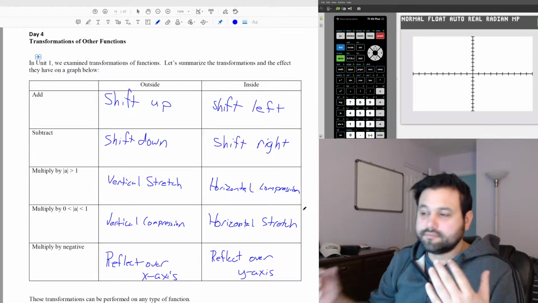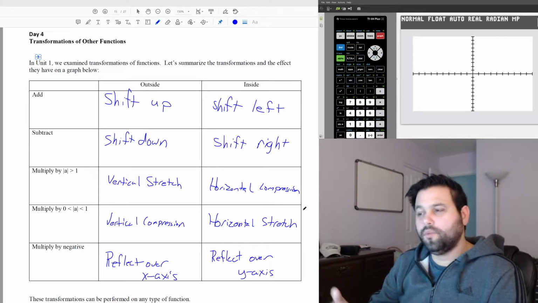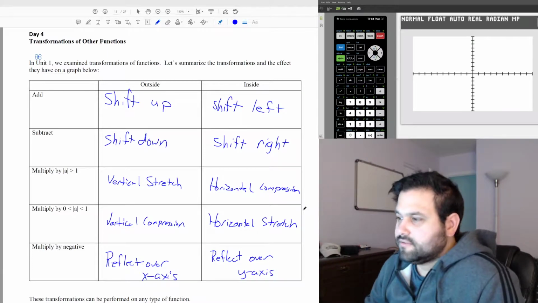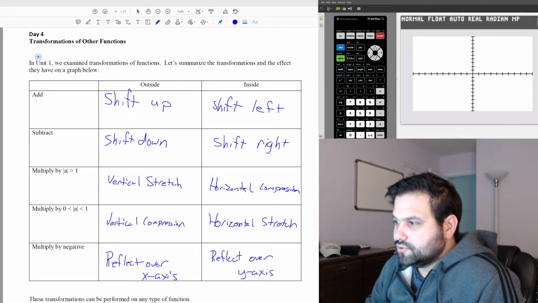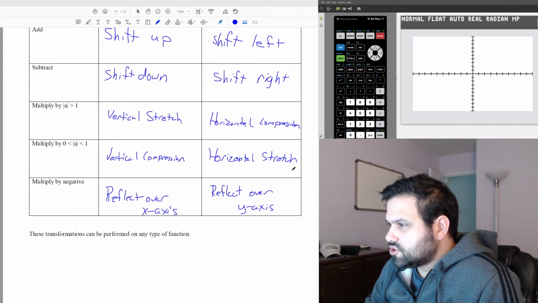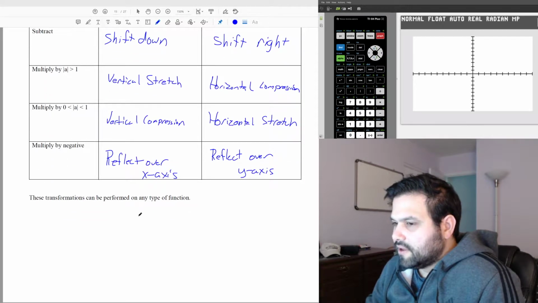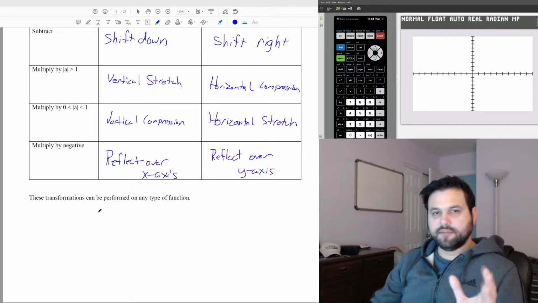Okay, so that is very similar to the chart we made in Unit 1. Here again, we have it to summarize that stuff.